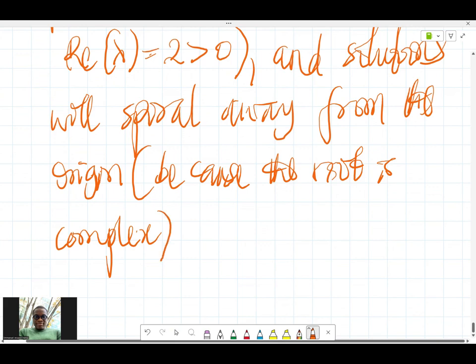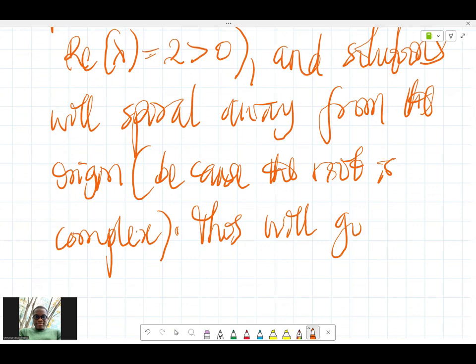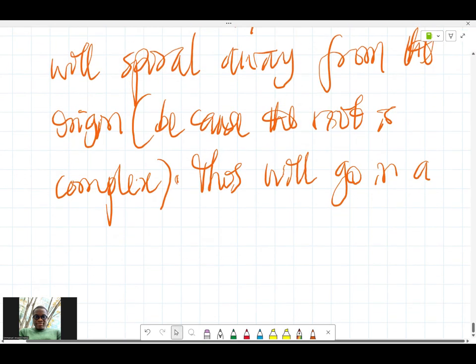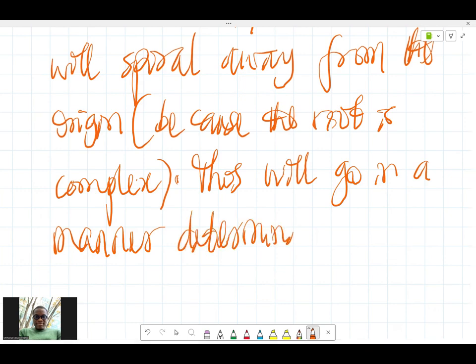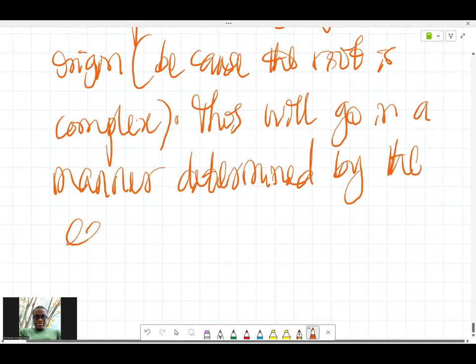So it's some kind of oscillation getting out of the origin because it's unstable, right? And this will go in a manner determined by the eigenvalues.